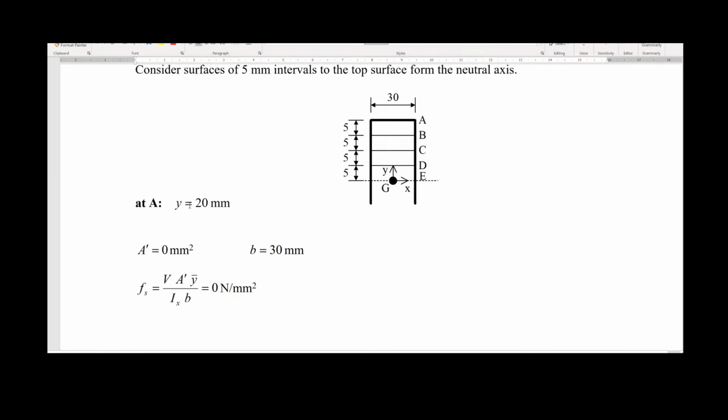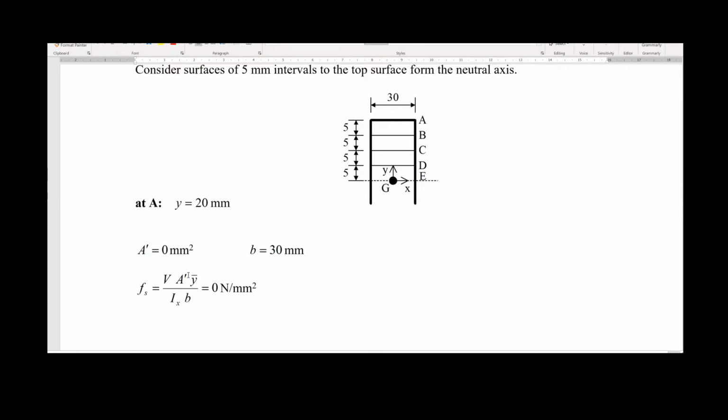Just for reference, at the point A, the distance y from the neutral axis to A is 20 millimeters. The area is equal to 0 millimeters square, because from this point of reference and on top, there is not any more cross section. So the area is equal to 0. The width is 30 for all the cases, because this is a rectangular cross section. So if we try to fit the formula with the values, V is 72 kilonewtons. You can transform to newtons if you want.